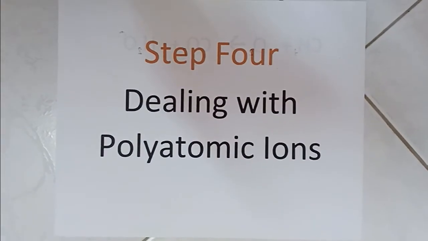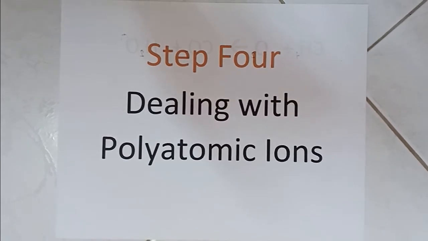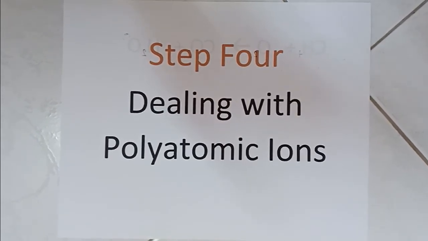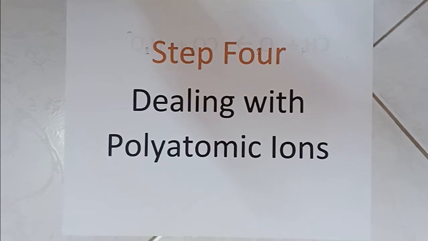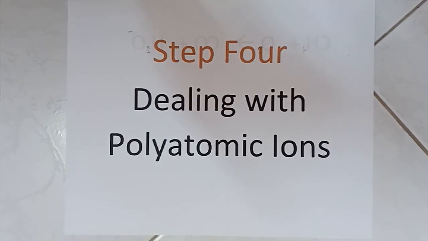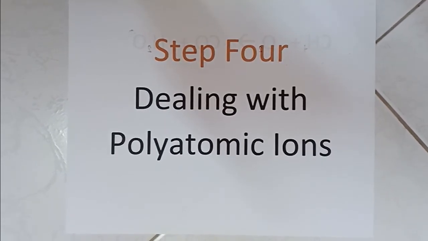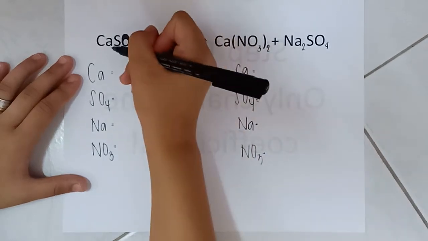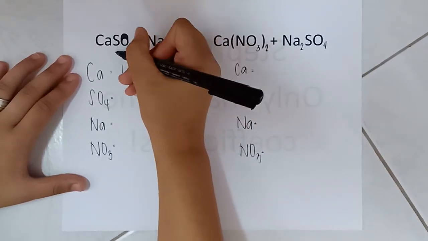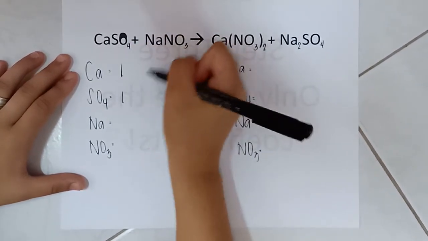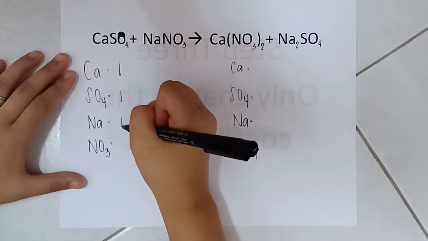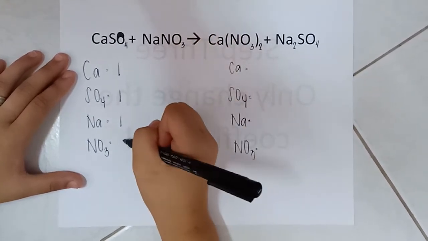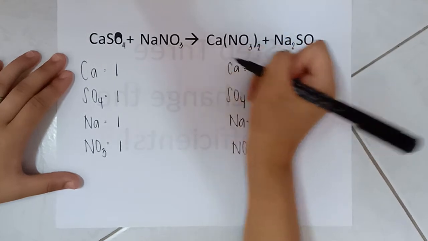Step 4. Sometimes you have equations that look so scary. But if we have polyatomic ions on both sides, like the SO4 or the NO3, then we can consider that ion to be just one thing. Let's see how that works. So here's the equation. We can see we have 1 calcium here and 1 on the other side. The entire SO4 is one thing, and so we have 1 of those here and 1 on the other side.